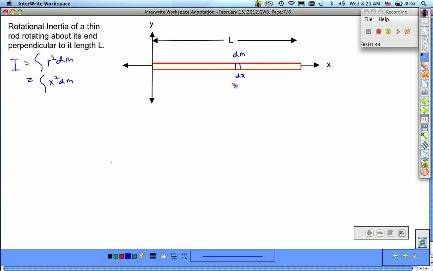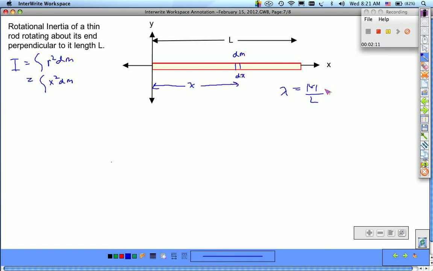So let's get started here again. dm, at width dx, is x units from the axis of rotation. I'm going to show this as my x, and I also need to specify the linear mass density, lambda. Lambda is equal to large M, the total mass of the rod, divided by the length of the rod.